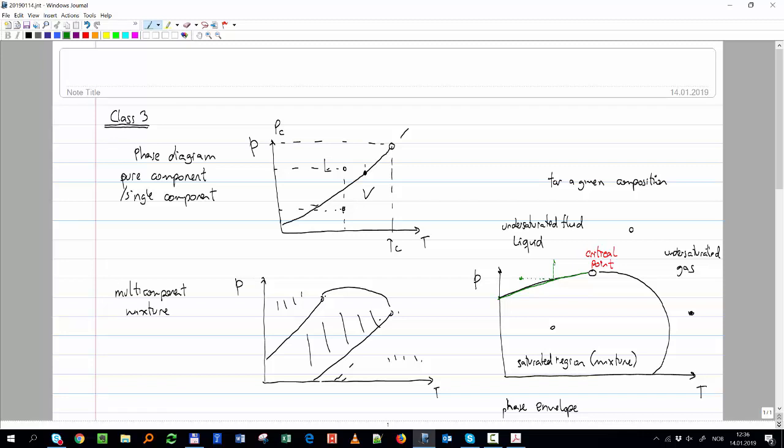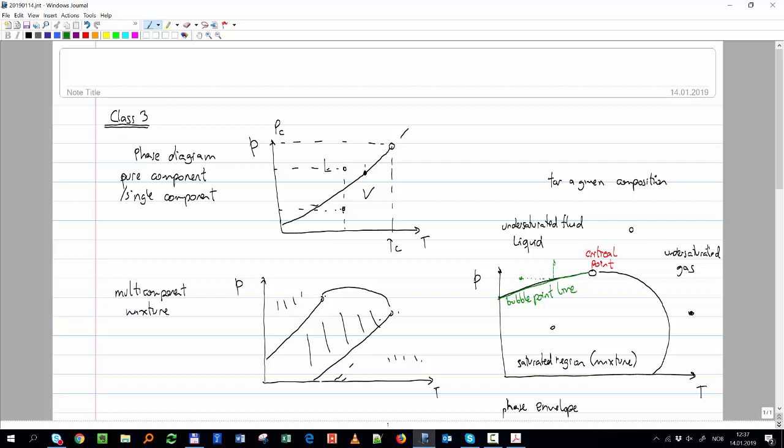In that case, I call this the bubble point line. Bubble point, just try to remember, is when I get the first bubble coming out of liquid. I have pure liquid and I get the first bubble out of solution. I'm actually cooking and boiling out the gas.